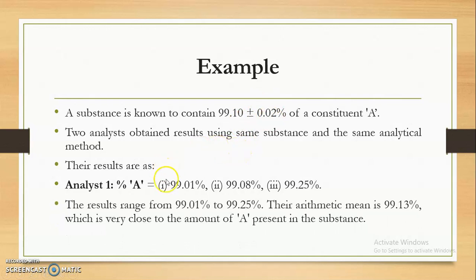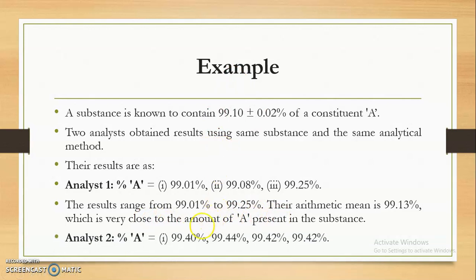Now by observing these results, you can understand that the range is from 99.01% to 99.25. So their arithmetic mean: we have to add these three results and divide by 3. So it is 99.13, which is very close to the amount of A that is present in the substance.